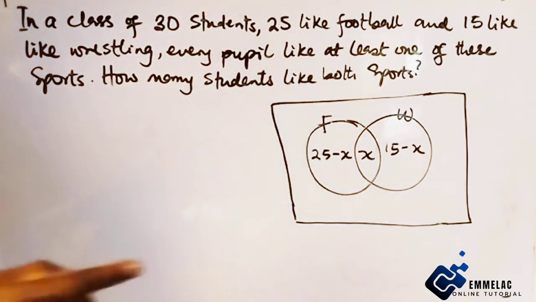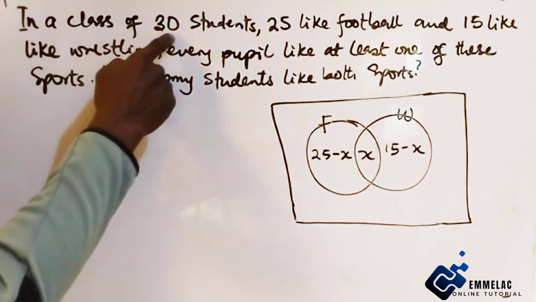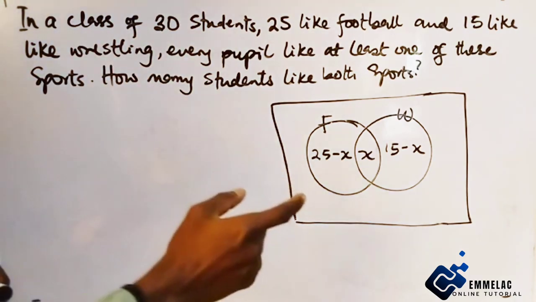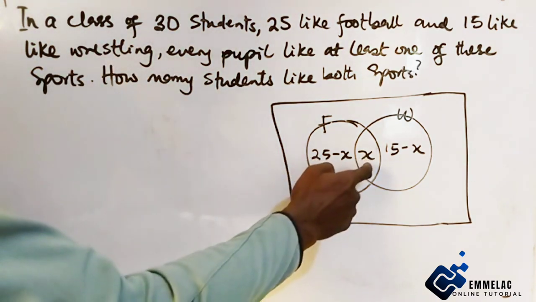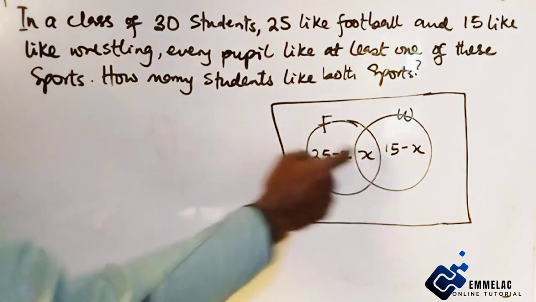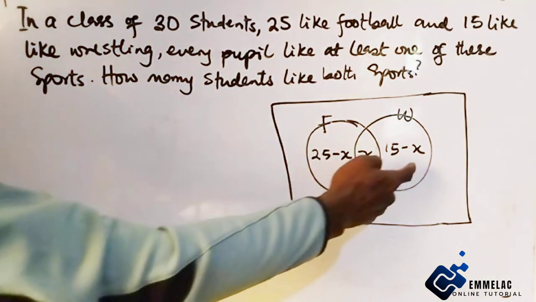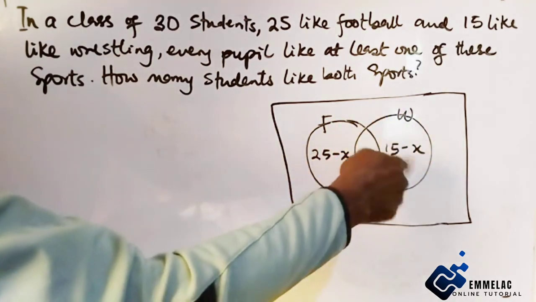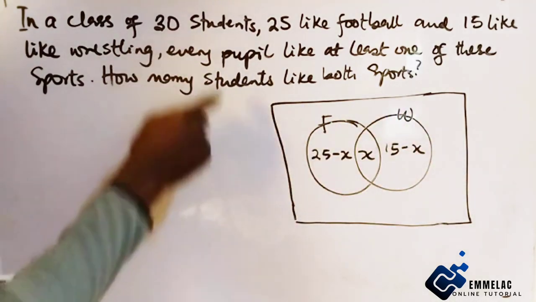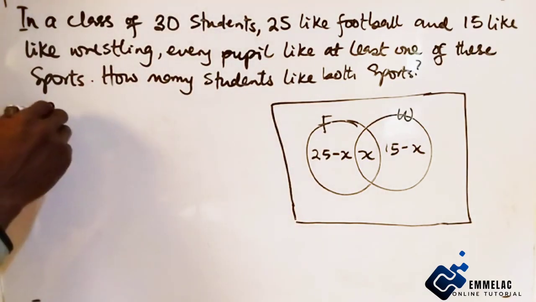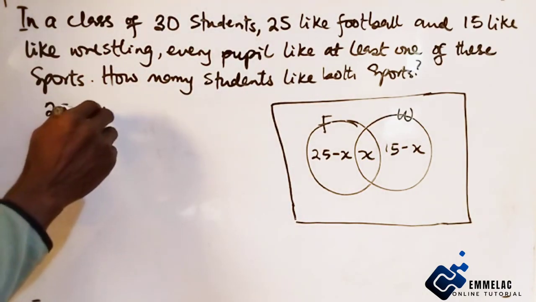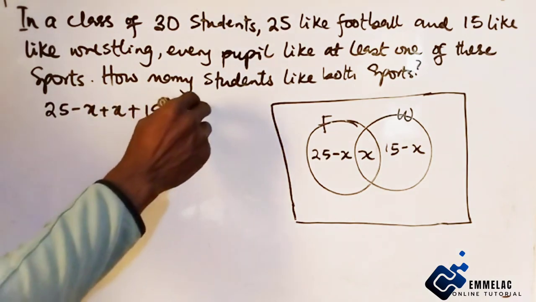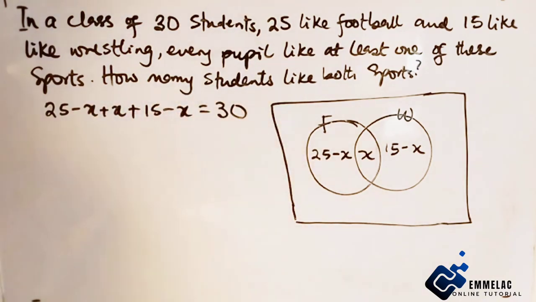Remember that the total number of students in the class is 30. So what we need to do now is find the value of X. We ensure that the total number of students here must be equal to 30, which means 25 minus X plus 15 minus X equals 30.